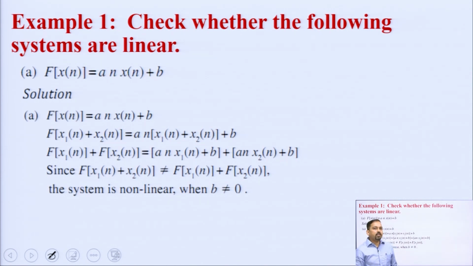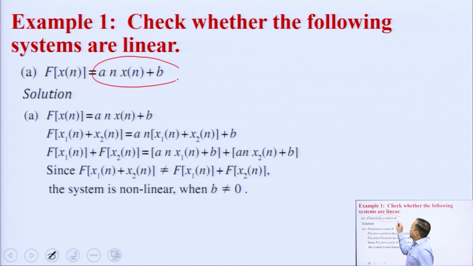So, we have the first example. The example is quite easy here. We have y[n] equal to A, a constant, times x[n] plus some constant B. Now, we are going to see whether this system is linear or non-linear.